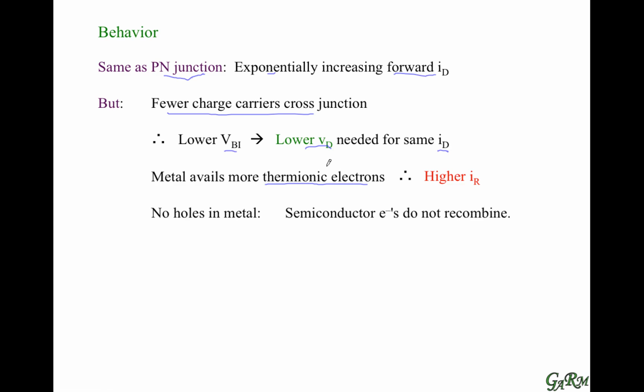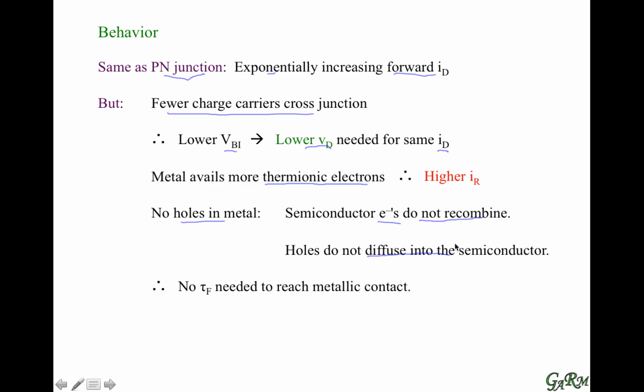But we have no holes diffusing from the metal. The metal has no holes, so the semiconductor electrons do not recombine. Plus, holes do not diffuse into the semiconductor. That means there's no forward transit time needed to reach the metallic contacts. In other words, the diffusing electrons almost immediately reach the metallic contact.